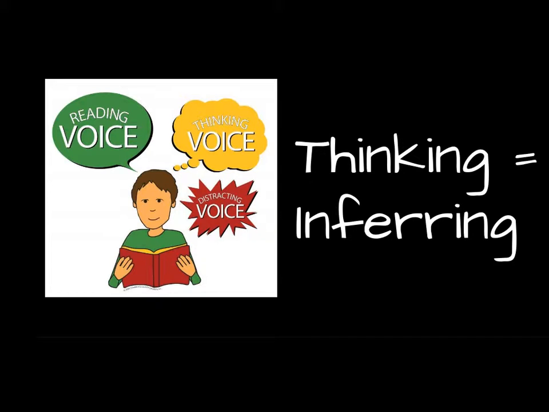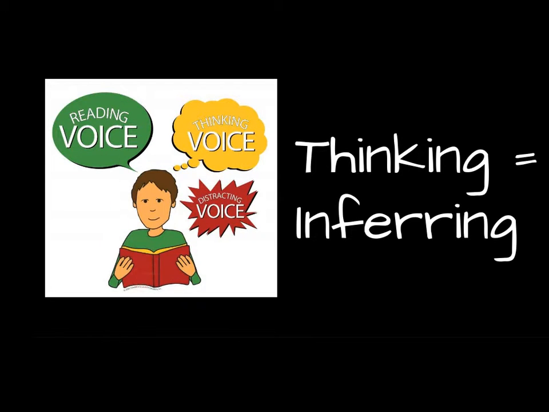You already know about your reading and your thinking voice and your distracting voice, right? We read our text, and then our thinking voice goes, oh, that means, and we read some more, and we go, oh, that reminds me of, and then we read some more, and then we go, oh, yeah, I heard that here. And then we read some more, and you think, oh, that is like this in this book, and we read some more, and it's like, ooh, I wonder what's going to happen here.